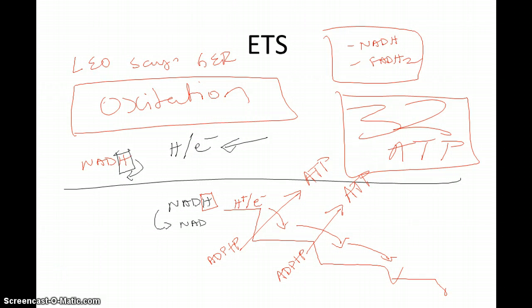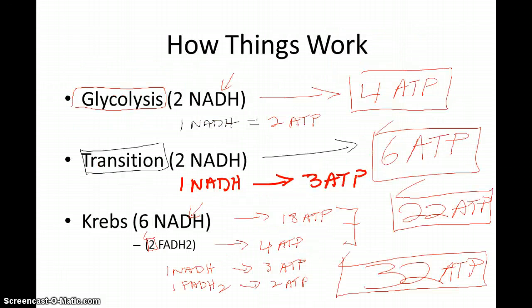ATP. There is another concept we need to discuss before we move on. So let's get a clean slate here. Let's use an FADH2 this time. FADH2 is going to become an FADH.